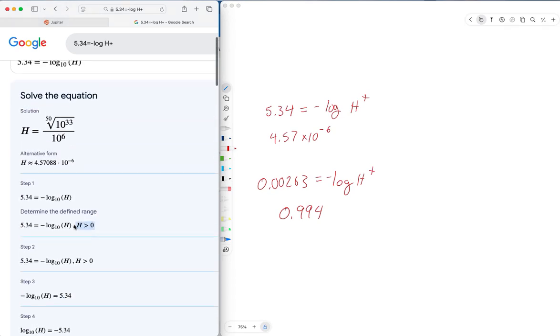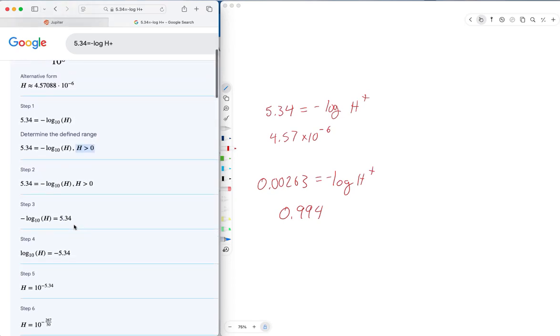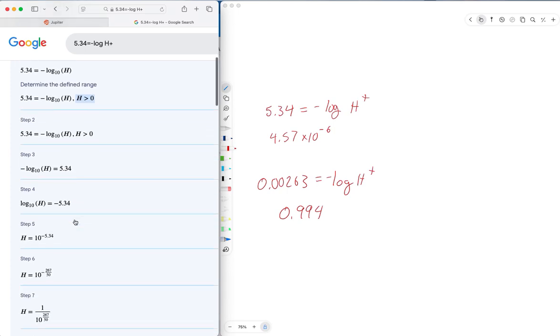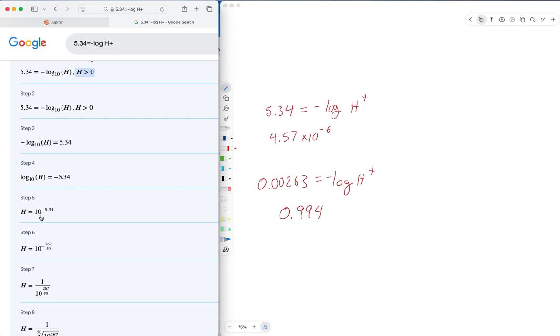These are all the steps that are happening. I wish it would show me the, so you convert it to negative log base 10 of H equals 5.34. So what you do, all right, I see how you do it now.